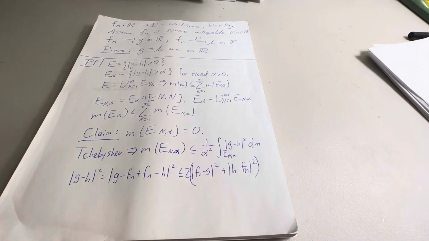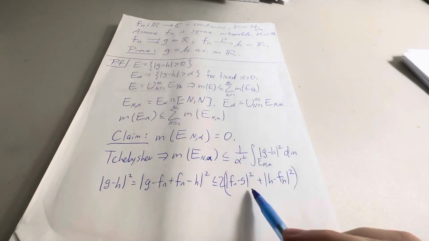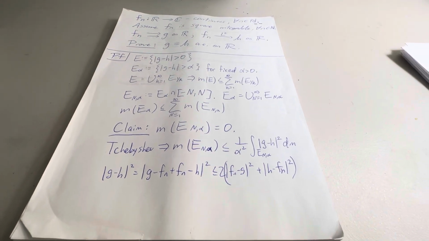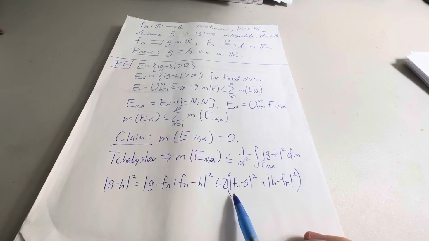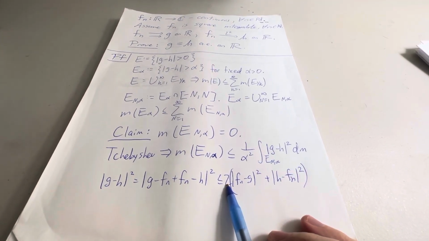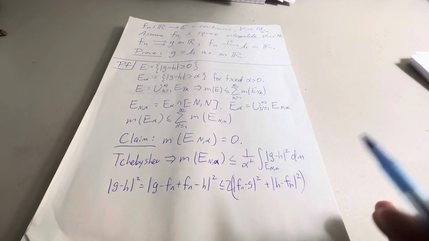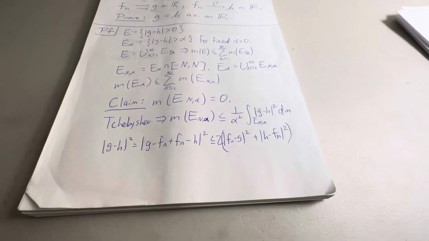And this was my first mistake when I wrote it up the first time. I forgot about that 2, but I was pretty sure it was true because I saw it in the proof of Minkowski's inequality. If we replace this 2 up top with a p, then it becomes 2 to the p minus 1. But here p is 2, so it's just 2 out front. It doesn't matter, 2 is just a constant.